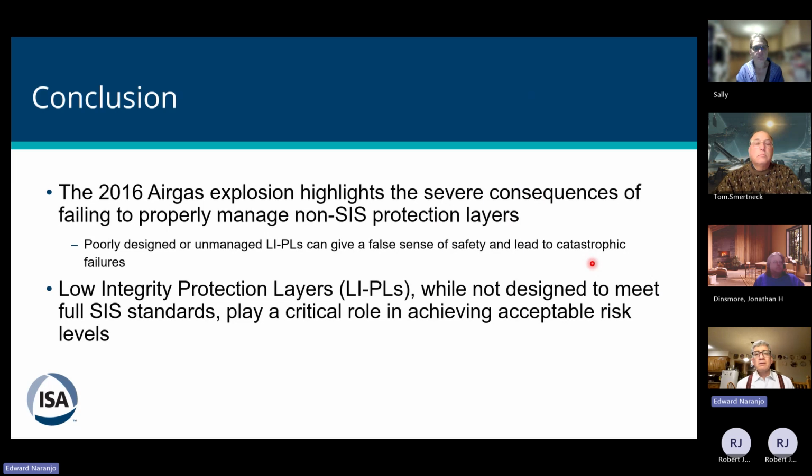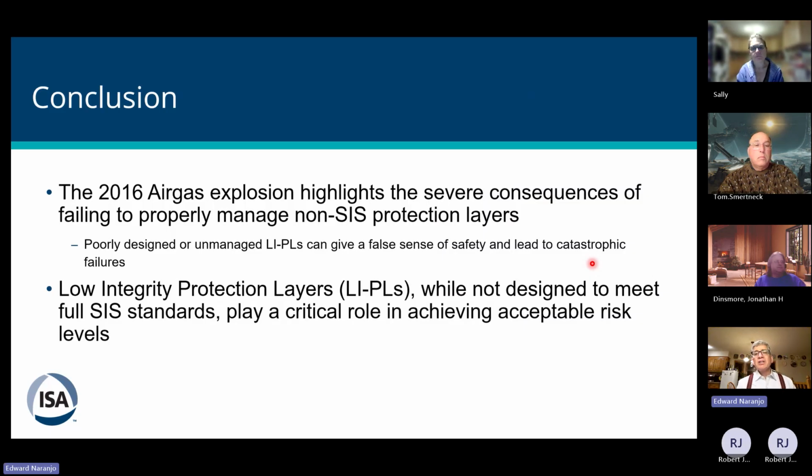And through a combination of ignorance and really poor follow through on standards, Airgas had a system that was at very high risk, and unfortunately, a person lost his life as a result.